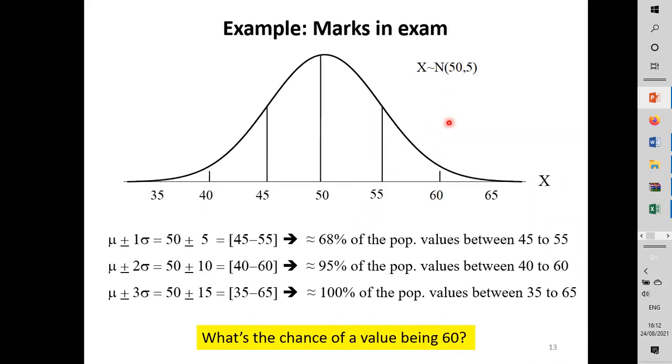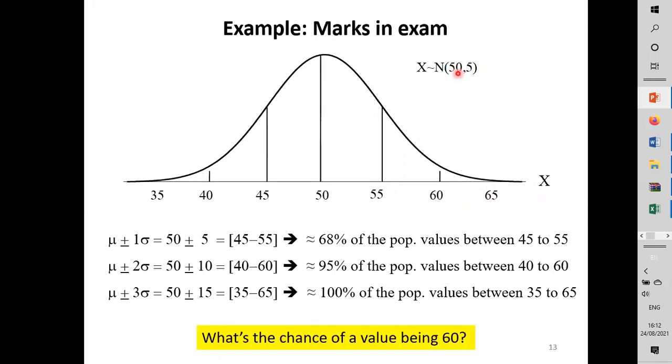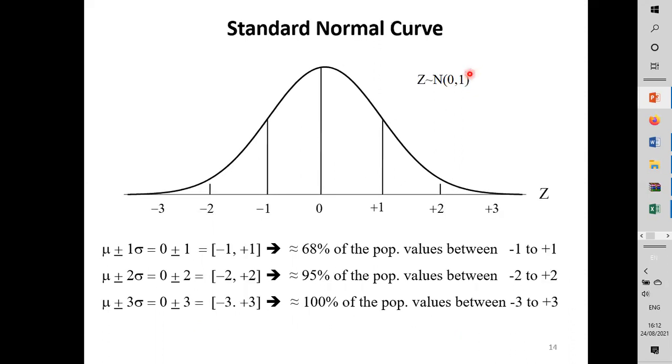Next, 60 minus 50 is 10, divided by 5 is 2. And the last one, 65 minus 50 is 15, divided by 5 is 3.